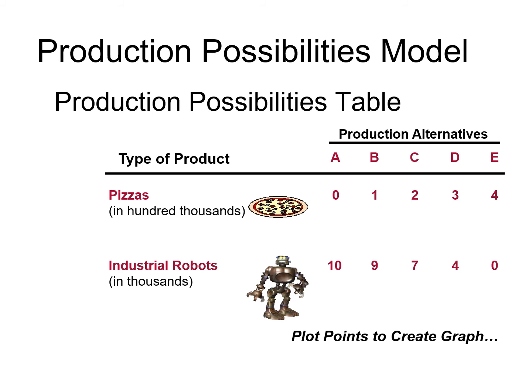We already discussed the idea that neither A as an apple or E as an elephant could be allocatively efficient because society is going to need or want some pizza production and some industrial robot production. Society needs some consumer goods and they also need some capital goods. Therefore, neither A nor E is allocatively efficient.